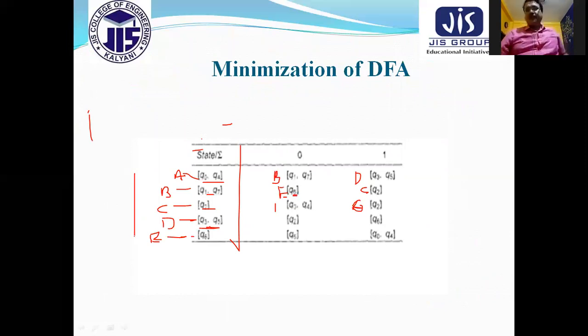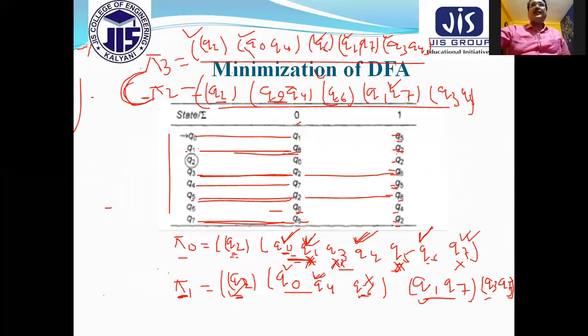So this is the way to minimize the automaton. First, find pi 0. After that, when you go for pi 1, check whether the elements belong to the same set or not. When you find pi 0, all final states will be a single set, and non-final states will be a single set.